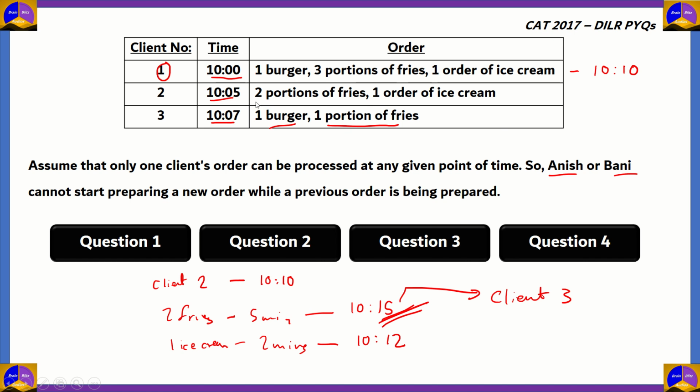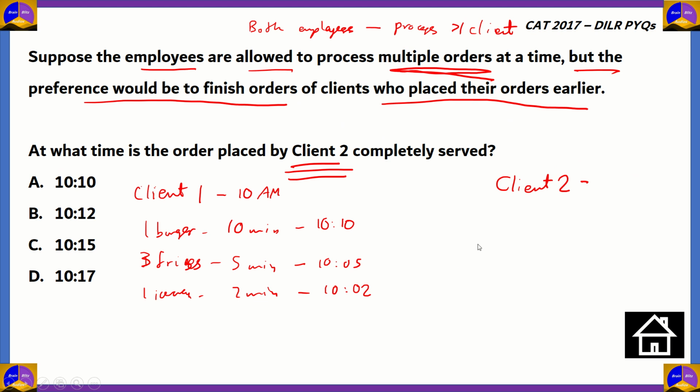Now, suppose one of the employees was free at 10:05, then he or she is now free to process that order instead of waiting for client 1 to be completely served. So that's the main difference when we look at the scenarios for questions 3 and 4.